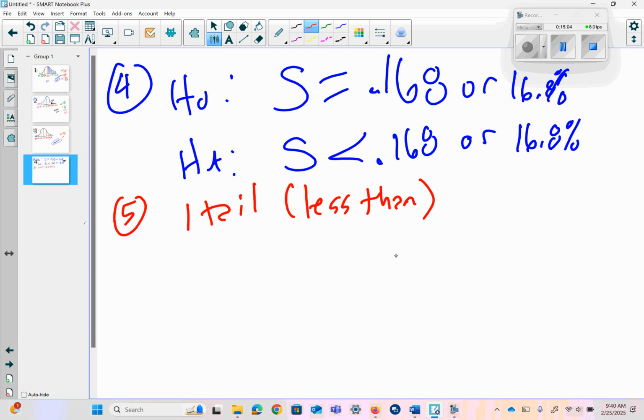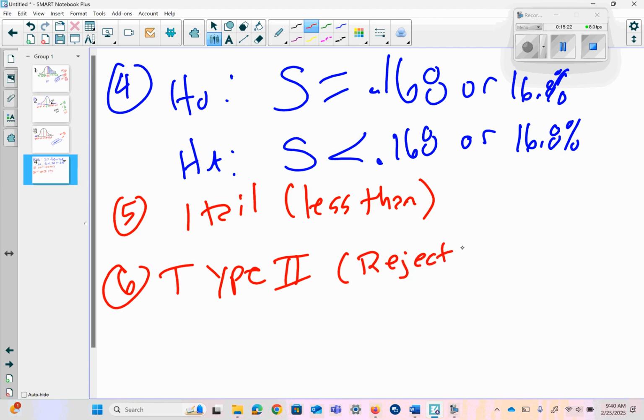Let's assume that the researchers are more concerned about a type 2 error. Type 2 is reject... Oh, shoot, I just lost my train of thought. Type 2, reject or fail to reject?